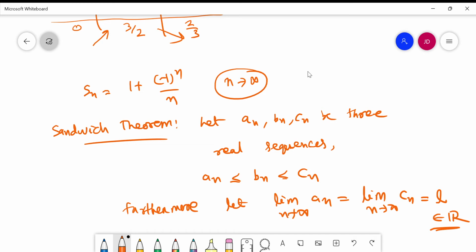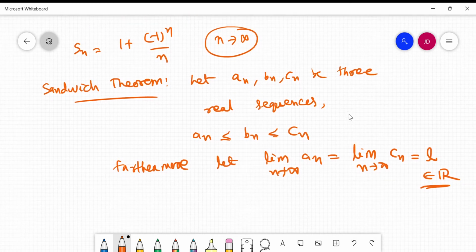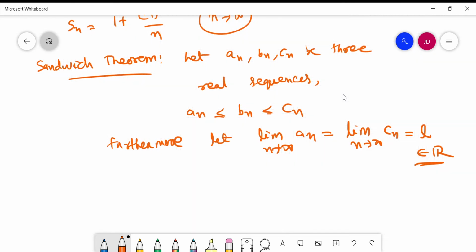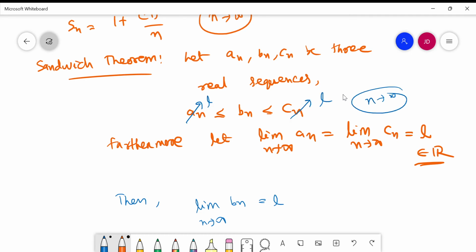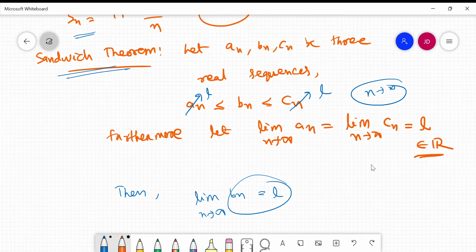If this happens, then the limit of bn is just l, because an goes to l, cn also goes to l, so as n tends to infinity, bn also goes to l. This is a very standard theorem, and we will try to apply it to this sequence Sn.